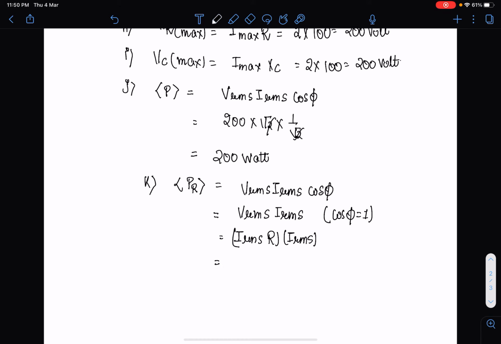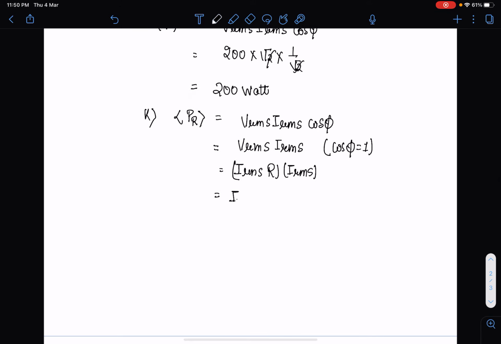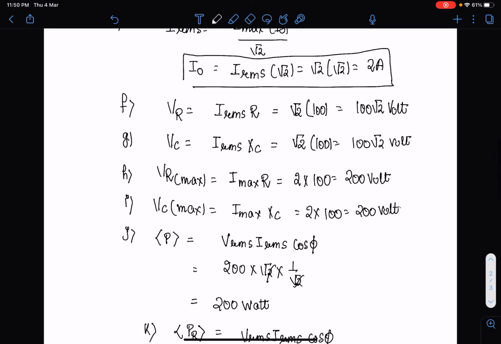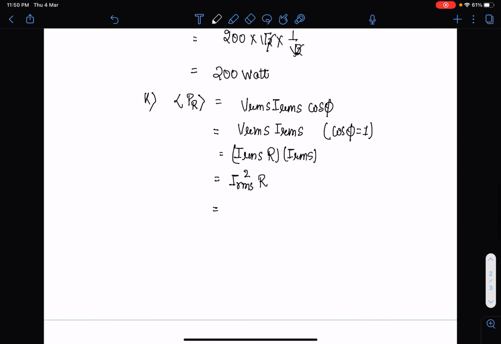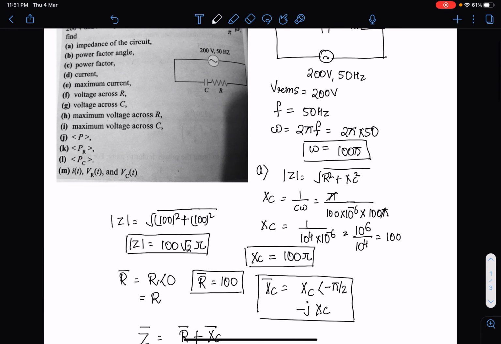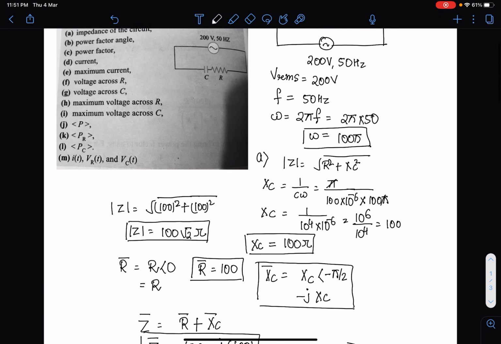So this can also be written as Irms squared into resistance. And we have already calculated the value of Irms, which is √2 ampere. So √2 squared into resistance, which is 100 here, so this is equal to 2 into 100, that is 200 watt. So this is the average power dissipated across resistance. Next part, L part. In the next part we have to calculate the average power across capacitor.